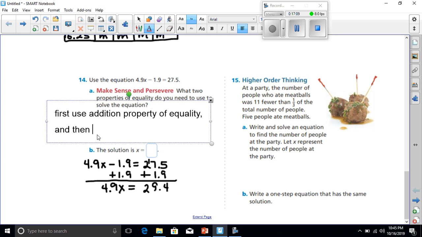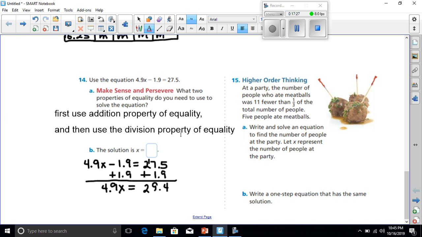First use addition property of equality, and then use the division property of equality. All right, so that settles that answer. And now to apply it.